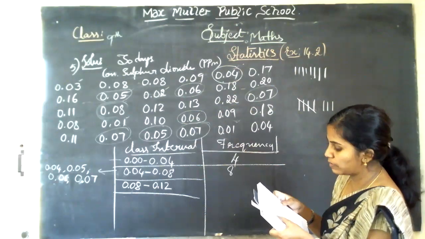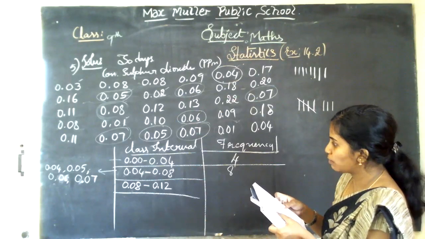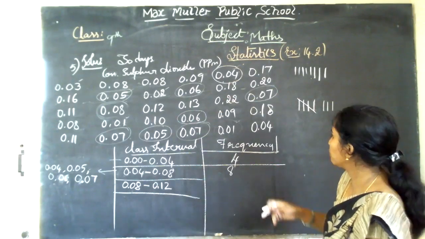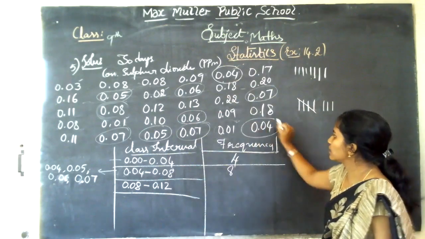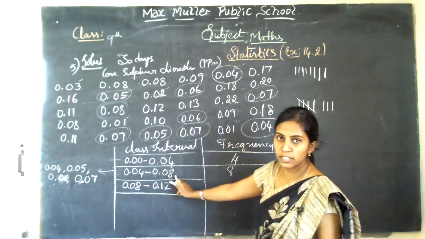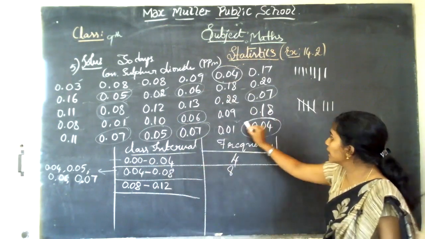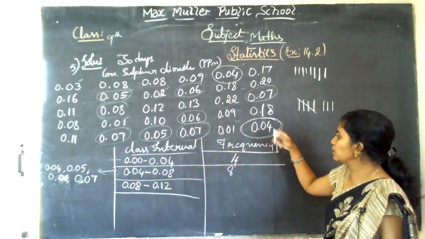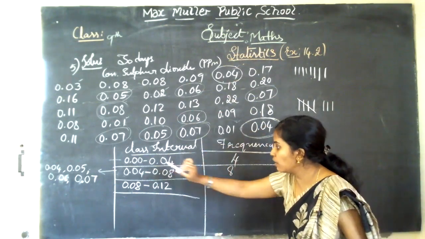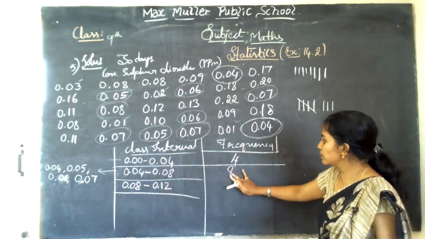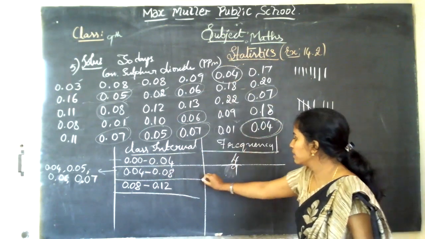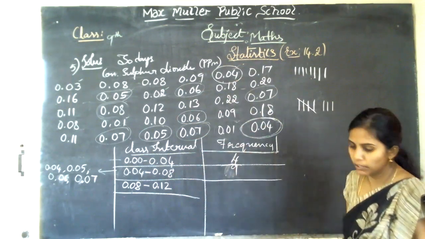Last row, 0.11, 0.07, 0.05, 0.07, 0.01, 0.04. I have missed this one now. So take this one also. You have to include it in the second row, isn't it? When you take this, you have to include 0.04, so it becomes 9.